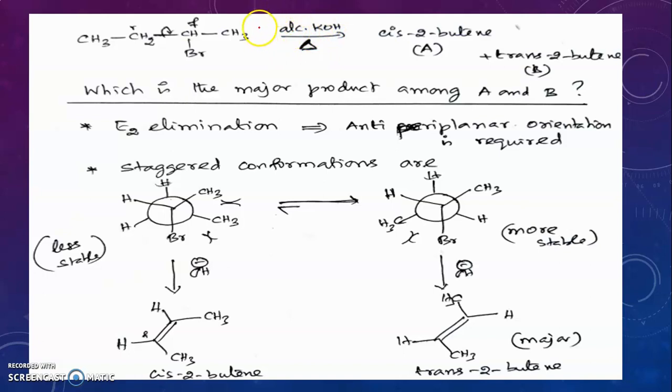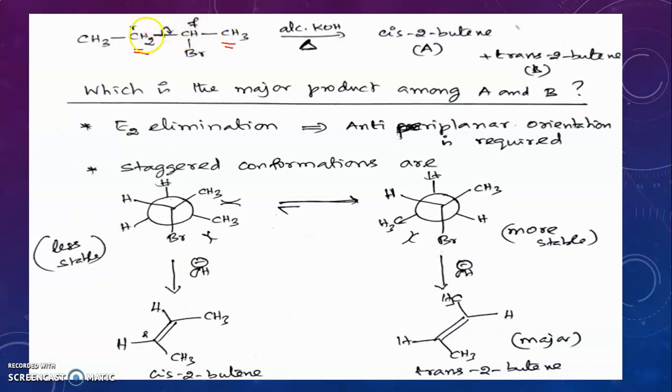You know very well, this is actually a very lower level question. If we add alcoholic KOH, listen, the bromine attached carbon is alpha, and this is a beta carbon, this is another beta carbon. So you can do elimination by removing hydrogen here and bromine here, so that you will get a double bond here, or by removing hydrogen from here, you can form a double bond here.